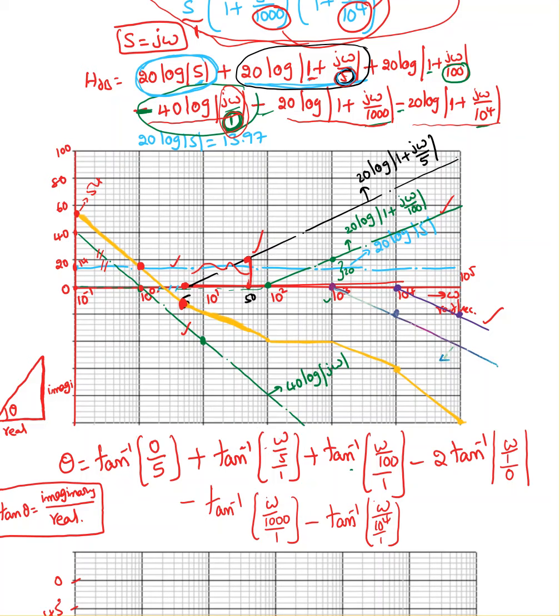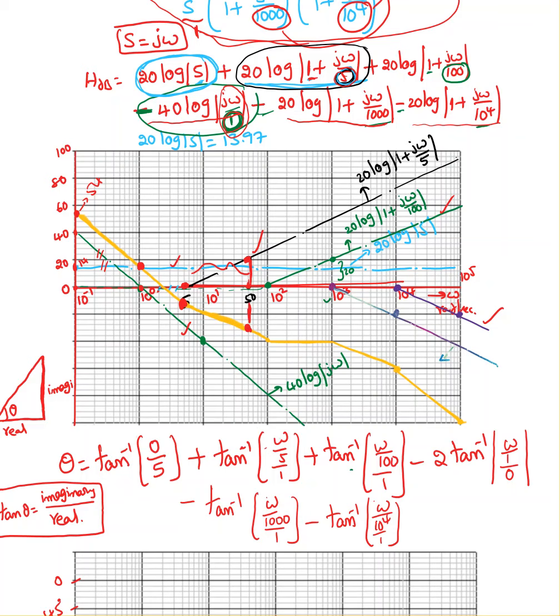So what happened? The resultant will be 40 minus 20, so it will have only 20 decibels per decade as the slope. So start from 5 up to 50 right there, take another point, and so here this height must be 20 decibels. That's how I got it.